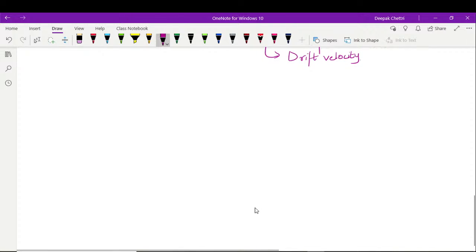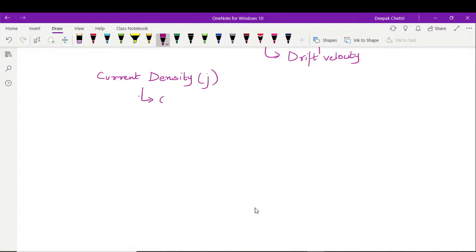Okay, so next thing now, I will go to current density. What is current density? It is denoted with small j, right?